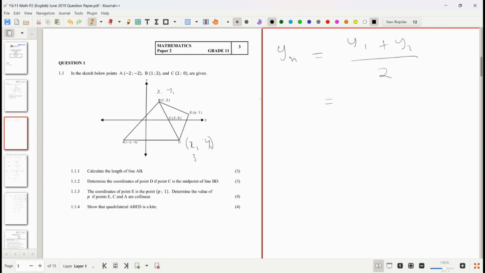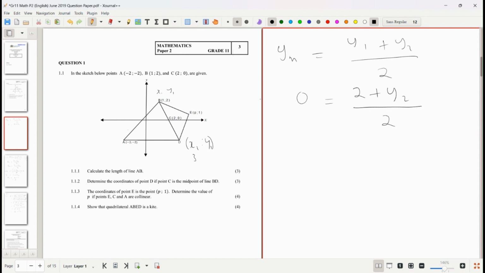So we'll have 0 equal to, do we know y1? Yes, y1 will equal 2. Here, you can see 2 here. So it will be 2 plus y2. We don't know y2, we're looking for y2. And then we divide by 2, right?